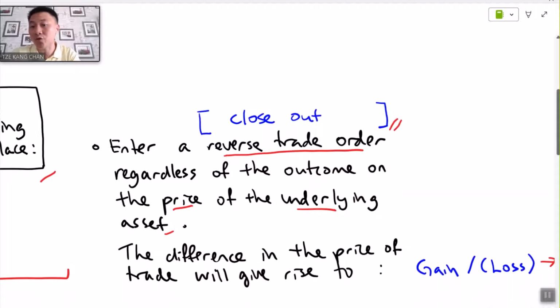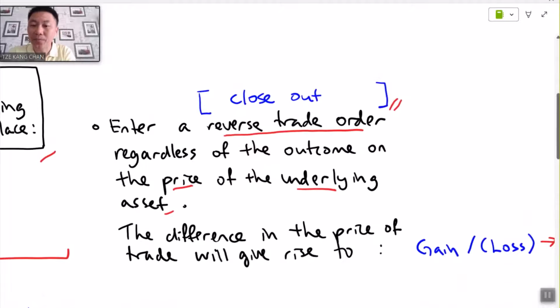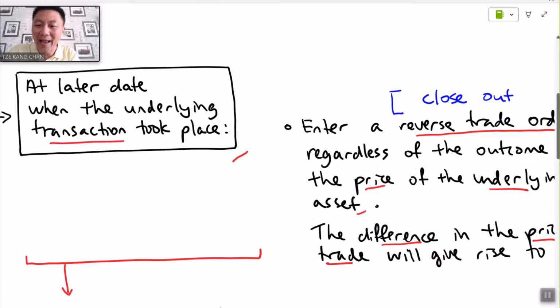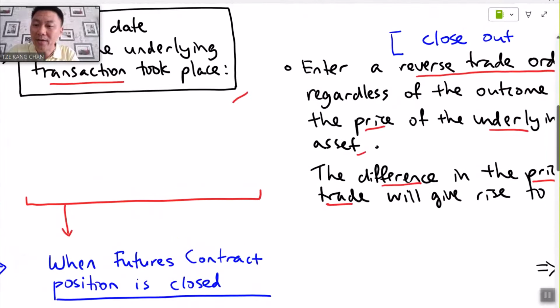Once a reverse trade order is created, differences will arise from the price of that trade. In other words, it will be traded at a price which is different from P1. That is where the following positions will take place later in the day.